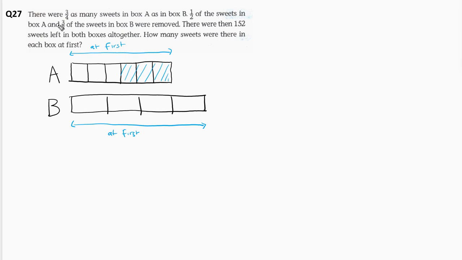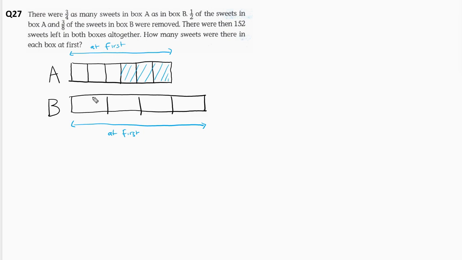And we're told that 3/8 of the sweets in box B were removed. Hopefully you've been doing some equivalent fractions, and you might notice that currently B is split into quarters, but there's an easy relationship between quarters and eighths.